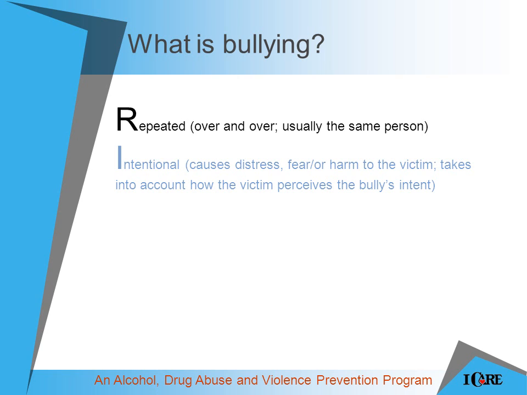The I stands for intentional. There are two parts to intent: the actions and mindset of the perpetrator or bully, and the perception of the alleged victim. An educator can determine mindset and action by interviewing bystanders, the bully, and the victim.